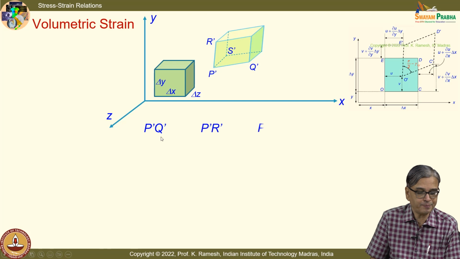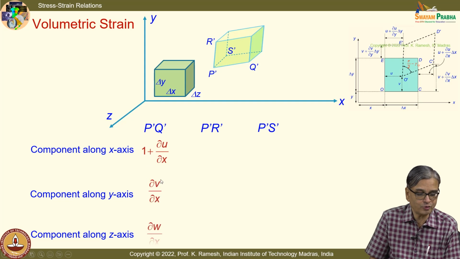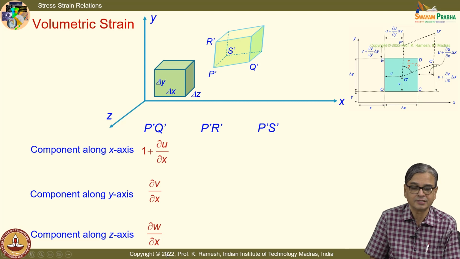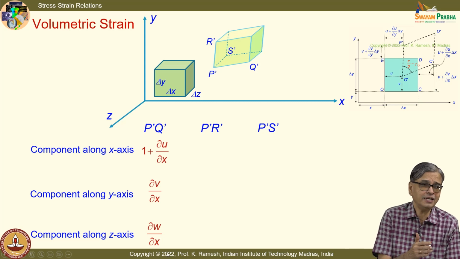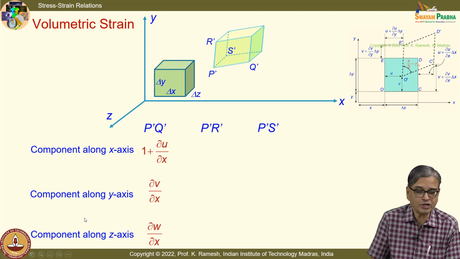So, I am going to write P prime Q prime, P prime R prime and P prime S prime. And we have seen already for P prime Q prime in the previous slide. They are nothing but 1 plus dou u by dou x, dou v by dou x and dou w by dou x. In the generic expression, we have retained only delta x, we have made delta y and delta z 0. For a line which was originally parallel to y-axis, that is this line, I have no delta x, I have only delta y.